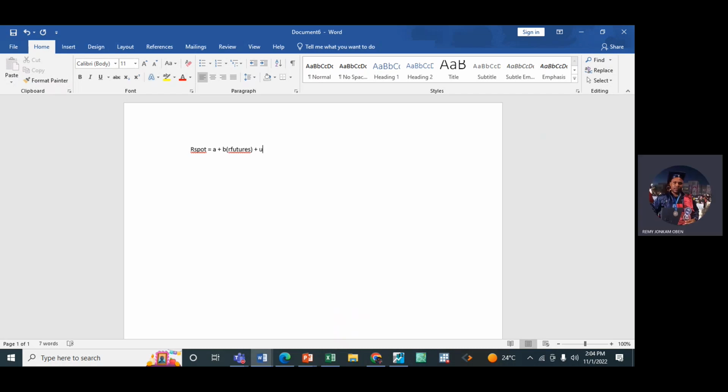This is a basic regression. You have your dependent variable, your independent variable, and the error term. Alpha is the constant, and beta is the slope, or the coefficient of Δfutures. When we estimate this regression and we get this value for beta, this value will be our optimal hedge ratio. So it's very easy.